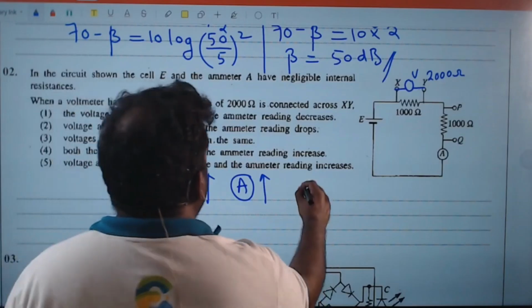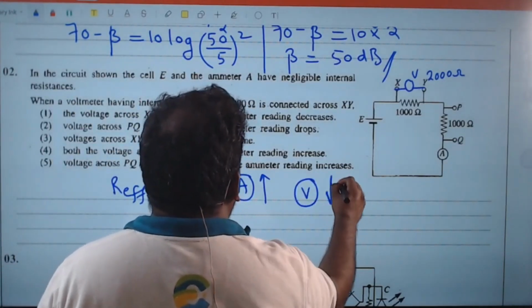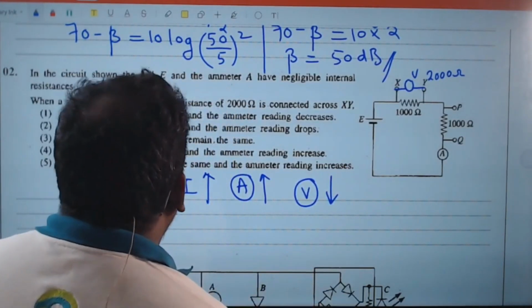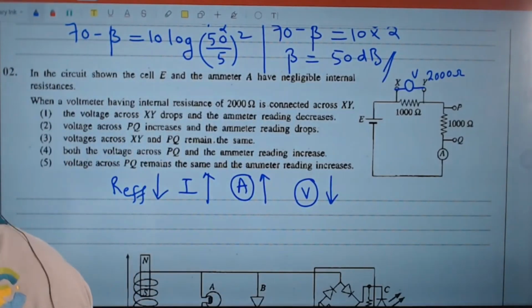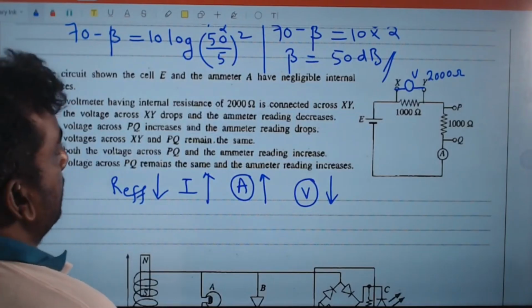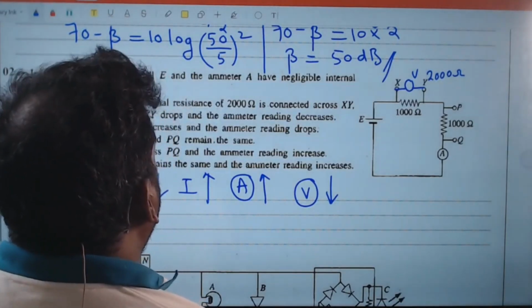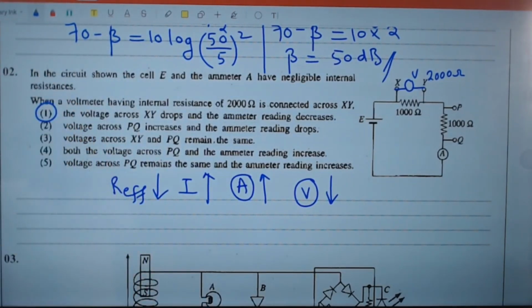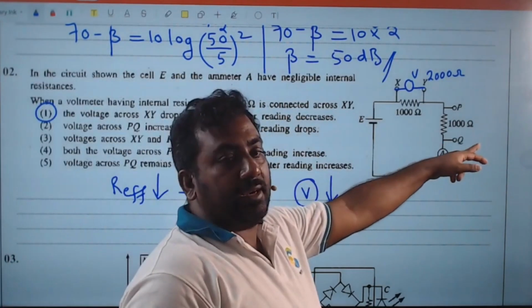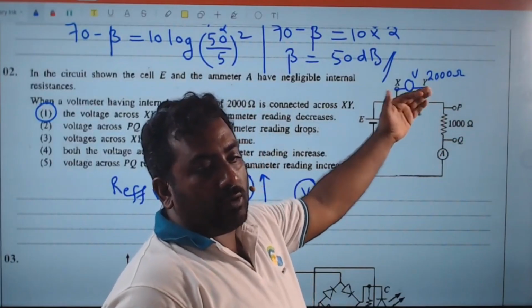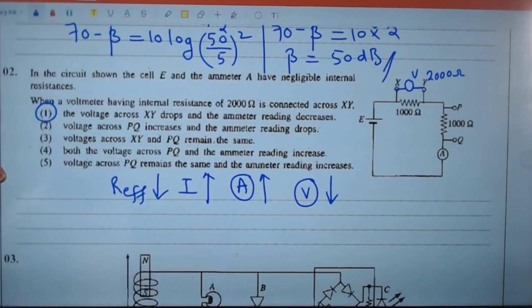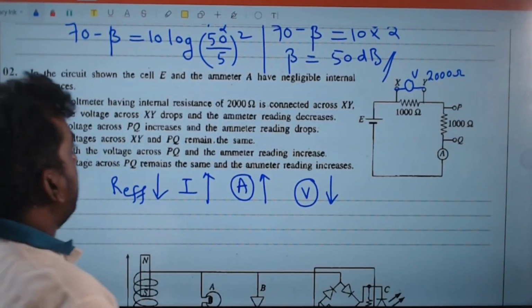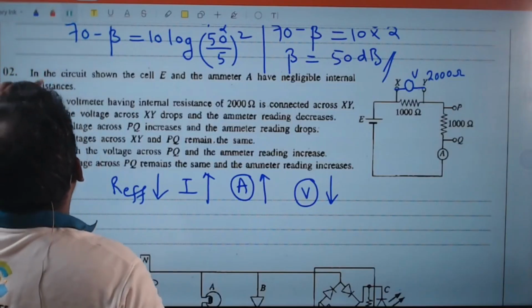Resistance reduces, so voltage reading will reduce. The voltage across XY drops and the ammeter reading decreases. Statement 1 is correct. Earlier it was 1000, E over 2, E over 2. Now this reduces even further. So ammeter reading will increase, no?